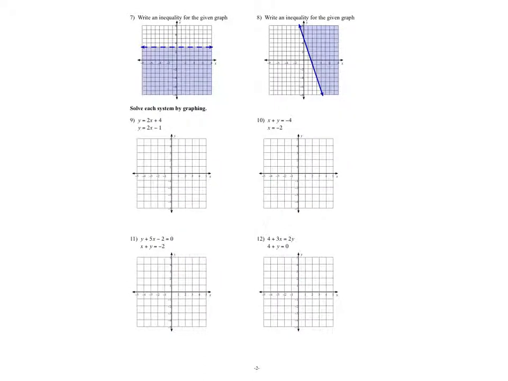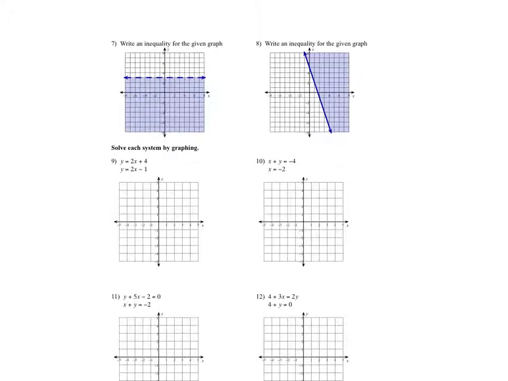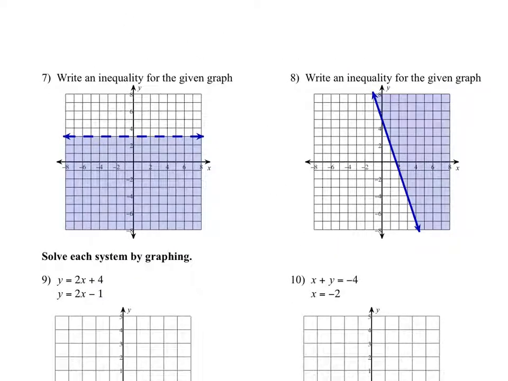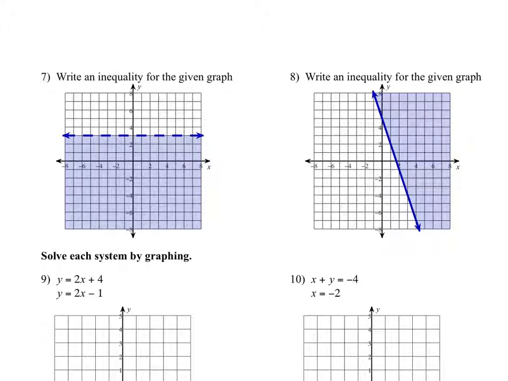Okay, so questions 7 and 8 are a little different. They're actually giving us the graph and asking us to write an inequality. So just the same way on the last ones that I said we needed to determine solid or dashed, above or below first, I'm going to use that to pick my symbol before I write my equation. So looking at this, I know that this is a dashed line, which means it can either be greater than or less than with no equal sign.